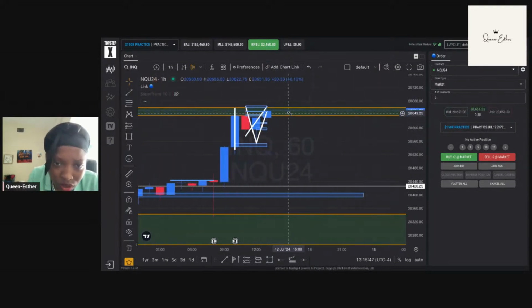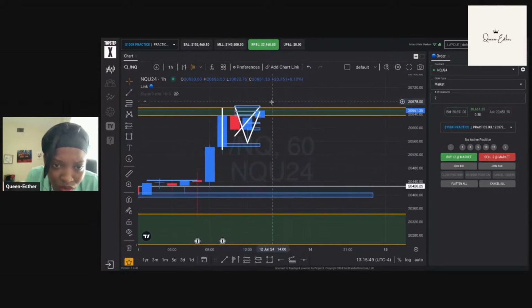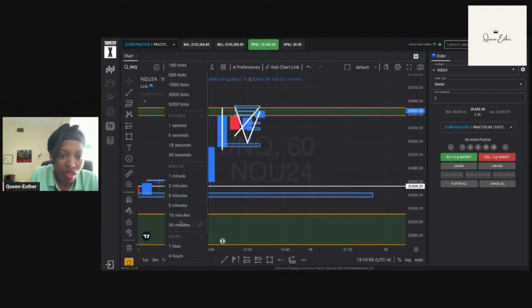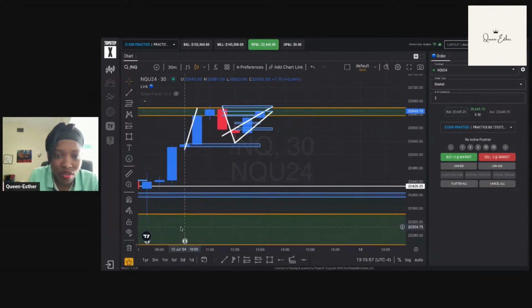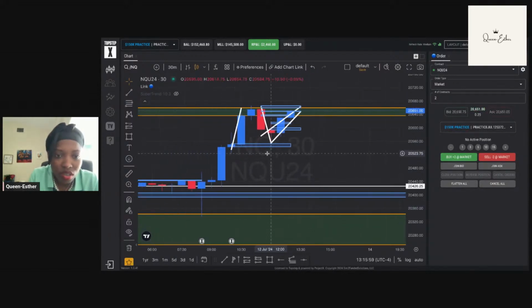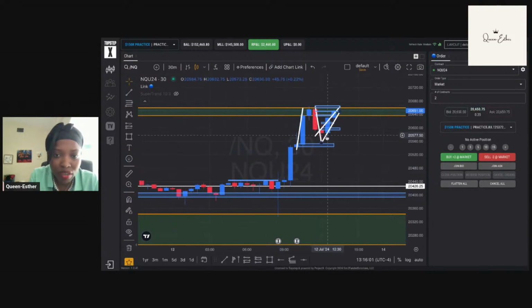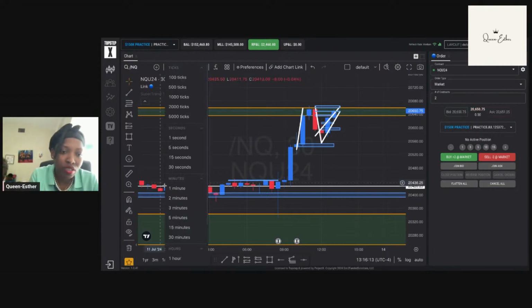If I remove this, I'm not going to see it on the 5 minutes. Let me go to the 30-minute for a second. Is this a pullback for a continuation? It seems like we're having a continuation. And again, price can form a double top here and fall down. Okay, so we just have to pay attention.